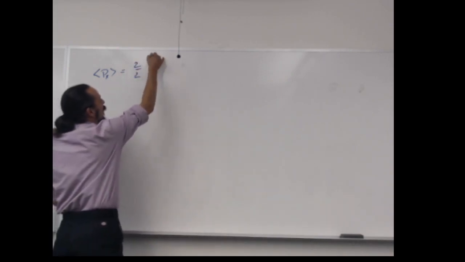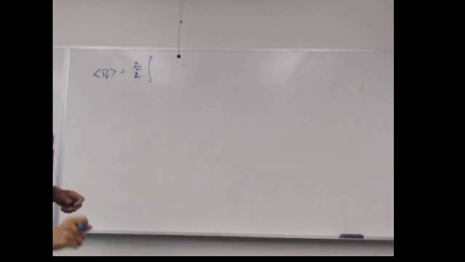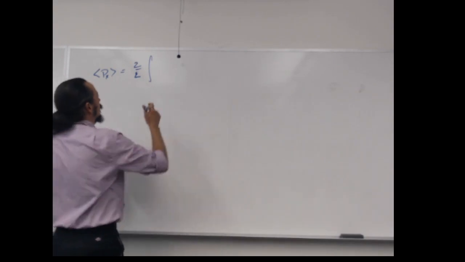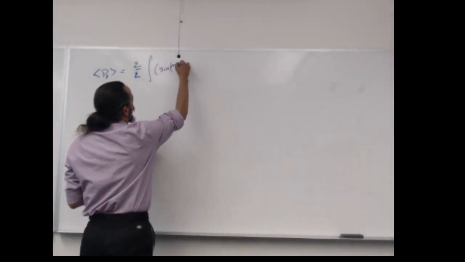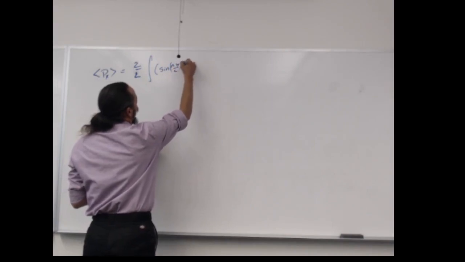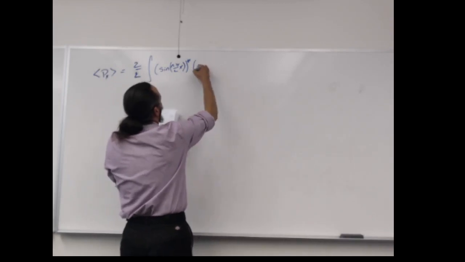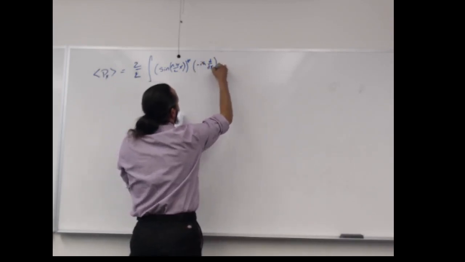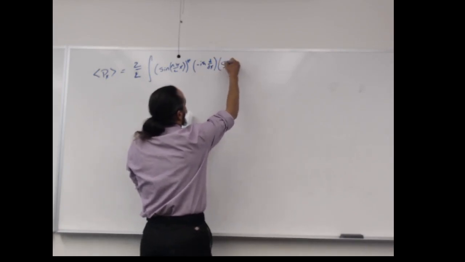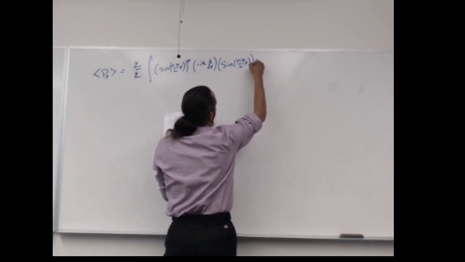We've got our 2 over L integral of sine(n pi x over L) star, negative i h bar d by dx, on sine(n pi x over L), dx.